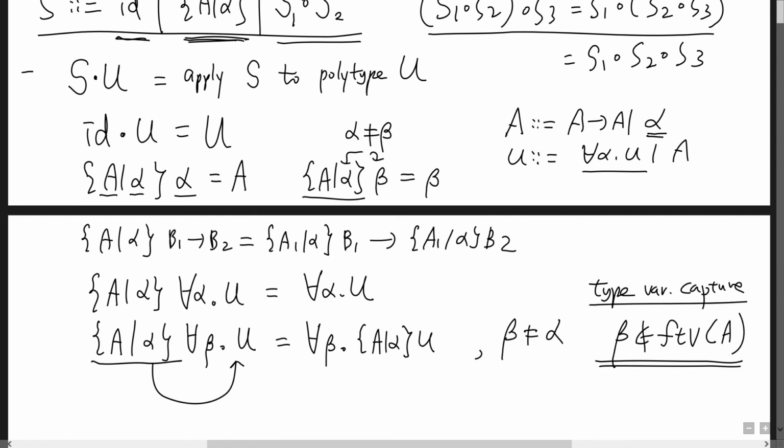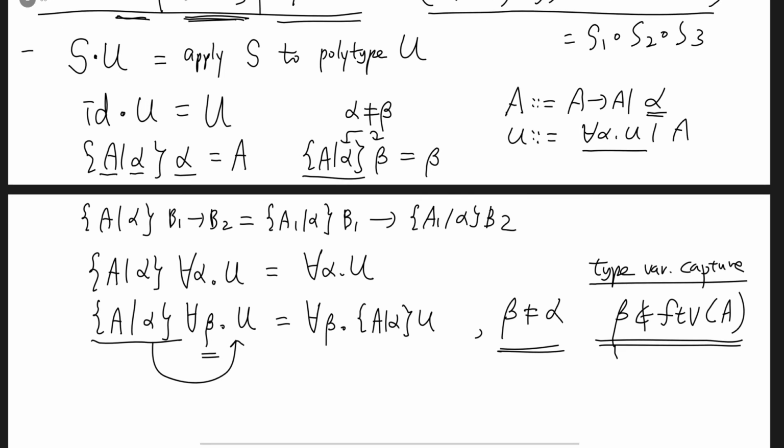And if this condition is not satisfied, then you can always rename this type variable beta, similarly to alpha conversion in lambda calculus. But the focus here is not on how to deal with variable captures and how to apply renaming, how to apply alpha conversion, how to rename the type variable. So it's not our focus. So let's just assume that there's a proper definition here for renaming type variables.